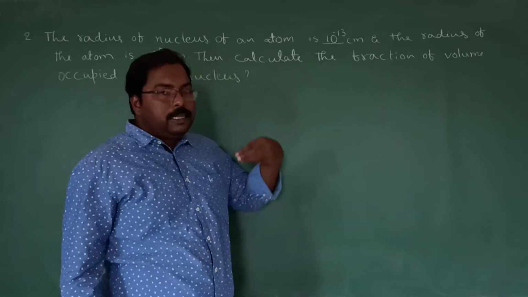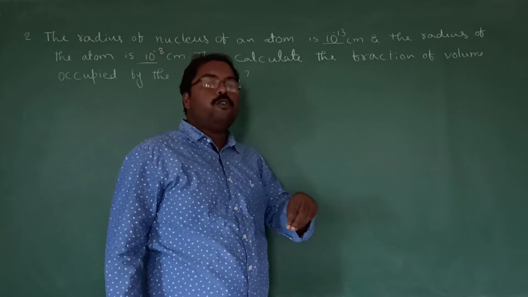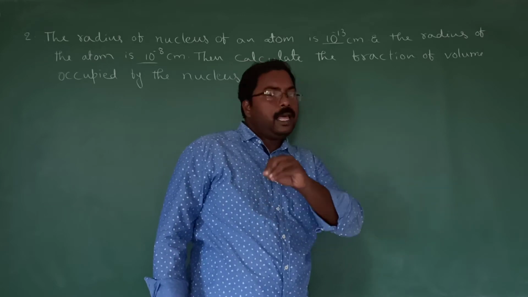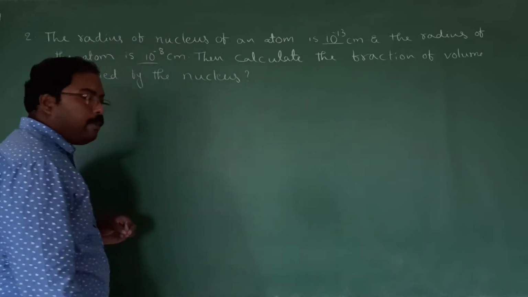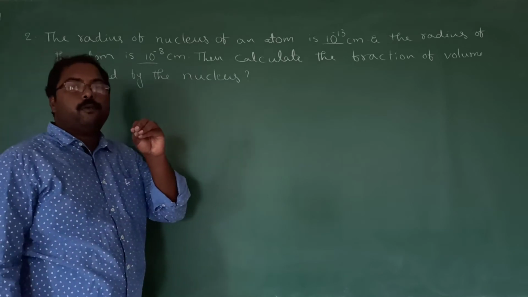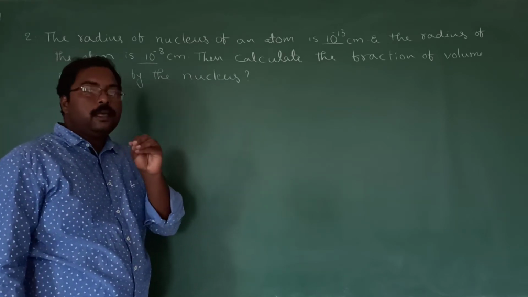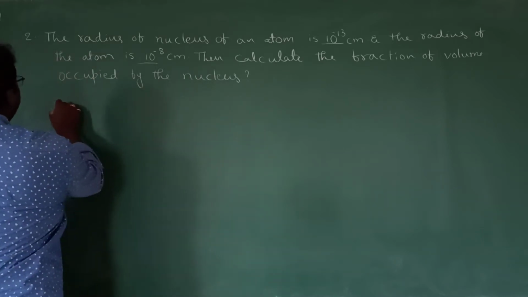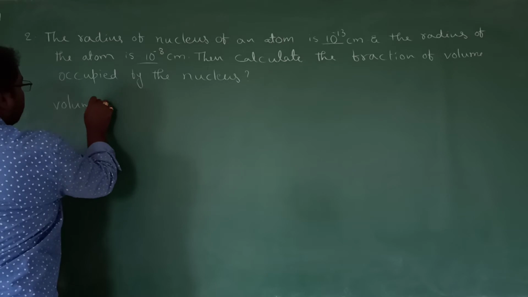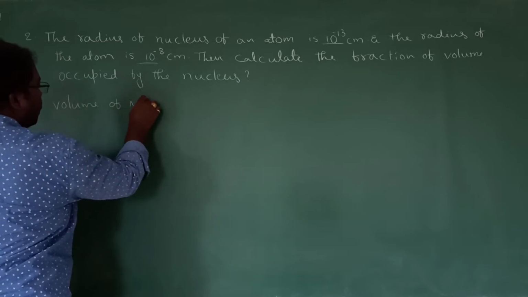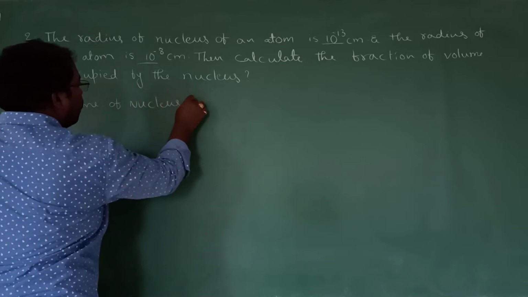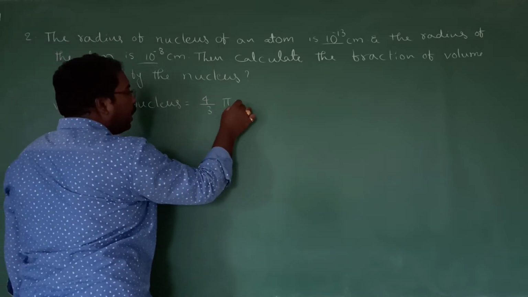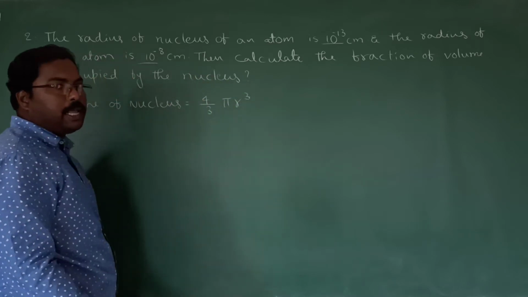In the previous question we already discussed how to find the volume of the sphere using the radius. What is the formula we had? Volume of the sphere is 4/3 pi r cube. Now first let us calculate the volume of the nucleus. First of all, write the formula 4/3 pi r cube.